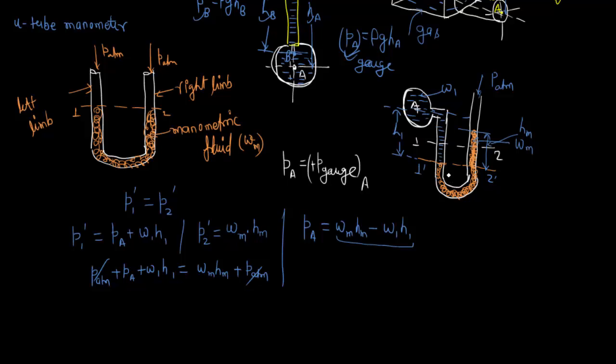If we take a manometric fluid that is lighter than the flowing fluid in the pipe, then the heavier fluid is going to sink into the manometric fluid. If the manometric fluid is lighter, the pipe fluid will flow inside it and we can't calculate the system. So in the case of a U-tube manometer, the manometric fluid specific weight will be higher than the fluid in the pipe or container.